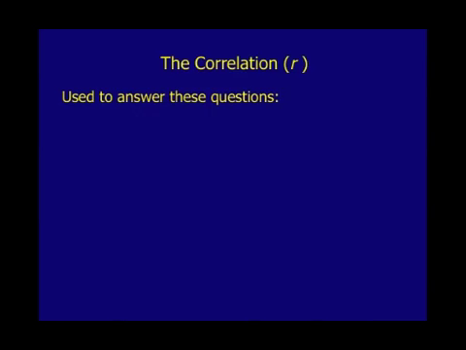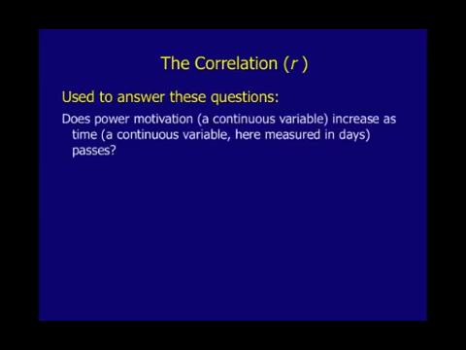In our study of these two crises, we wouldn't use the correlation coefficient to tell us whether the two crises are different in their levels of power motivation. We've already done that with the t-test. But we could answer other questions. For example, does power motivation increase as time passes during a crisis?